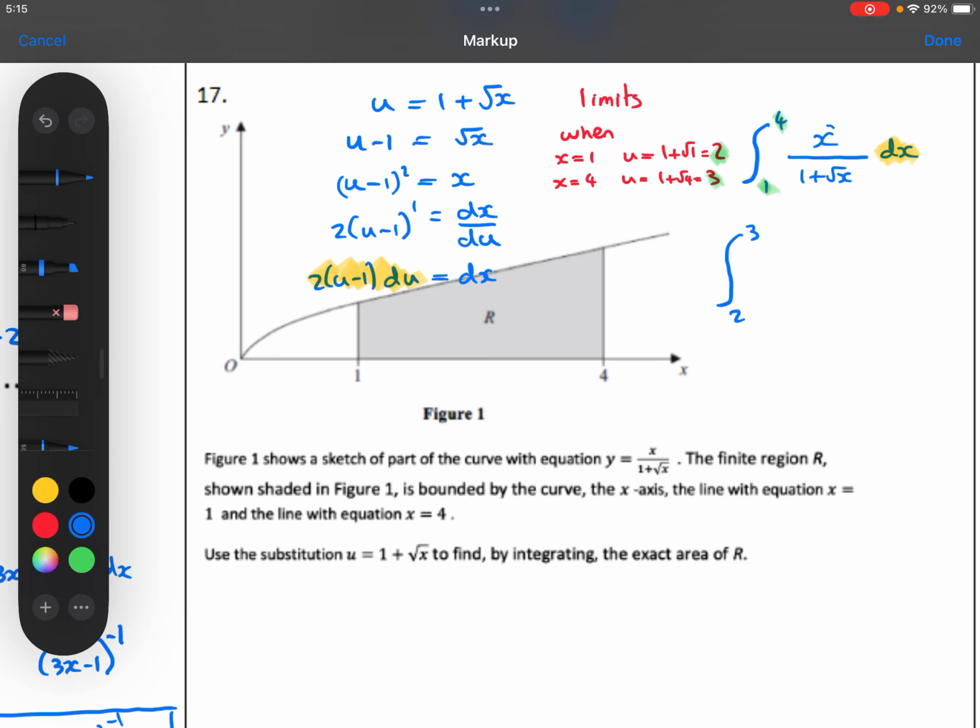Right, the x in the u world is (u minus 1) squared. The 1 plus root x in the u world is just u.